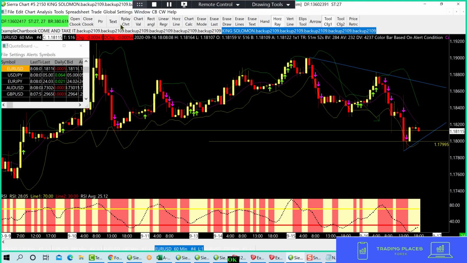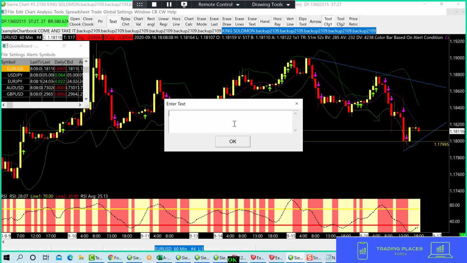But let me put a text message here. If you're not in a position to take this trade now, let's say: looks like Euro USD is going south. Has broken 1.18116.